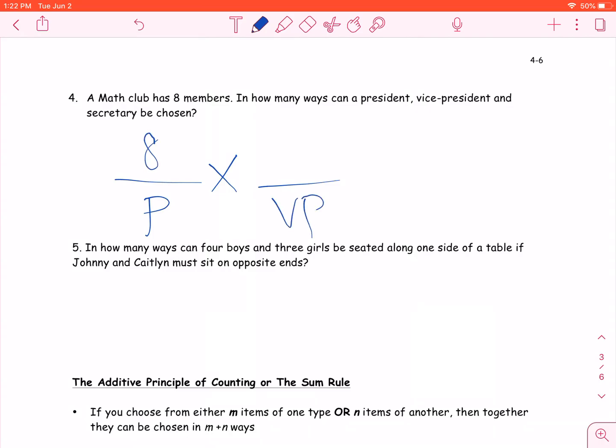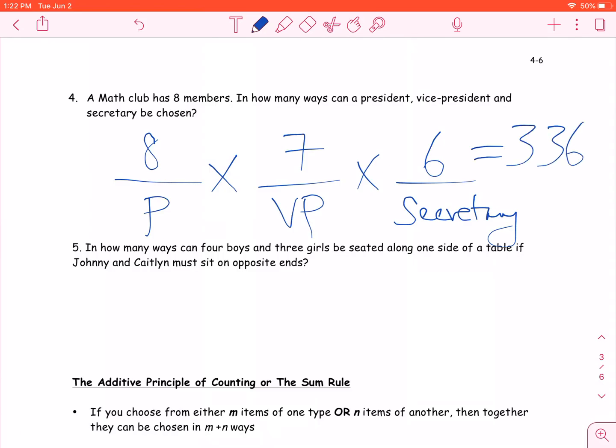For your vice president role, if one is president, that means you have 7 possibilities. And last but not least, for your secretary, that will leave you with 6 possibilities for that role, meaning that there can be 336 ways that those positions can be chosen.